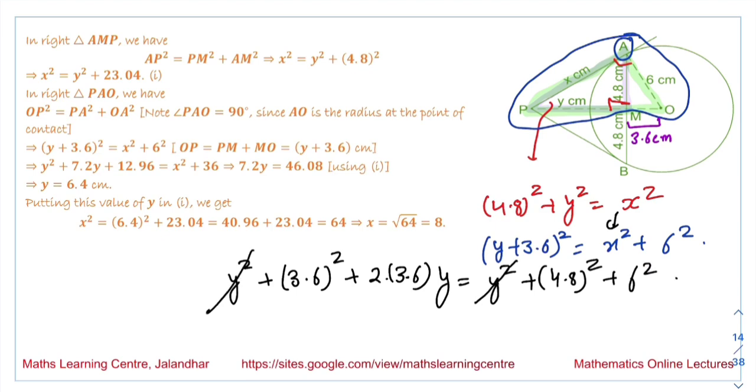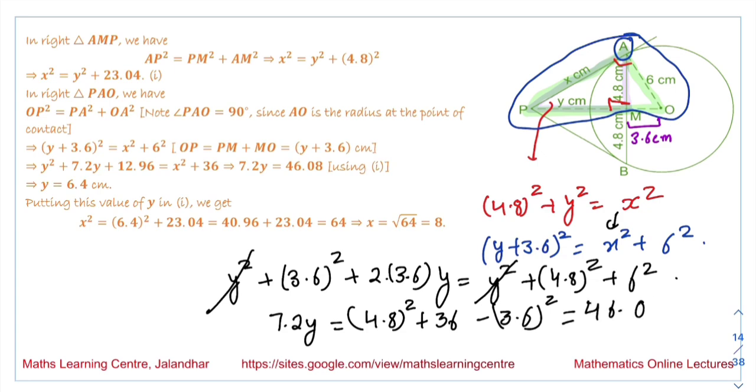The y square gets cancelled and we are left with 7.2y equal to 4.8 square plus 36 minus 3.6 square, and on solving this you will get 46.08. So the value of y is 6.4 centimeters.